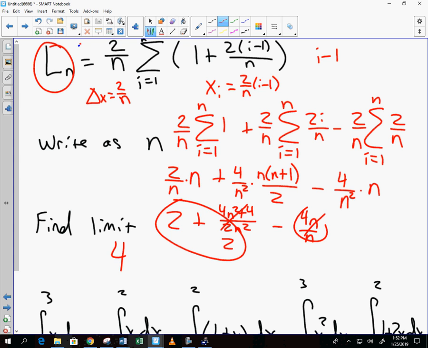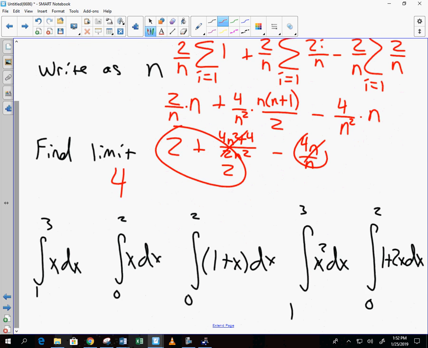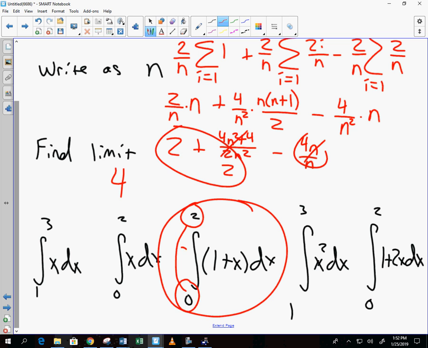So it's going to match with the 1 plus x from 0 to 2. Because you can see the 2 to the 0, that gives you 2 over n. And they all give you 2 over n. But when you take the 2 over n times I minus 1 and plug it in here, then that's what you get in your original picture, in your original piece.